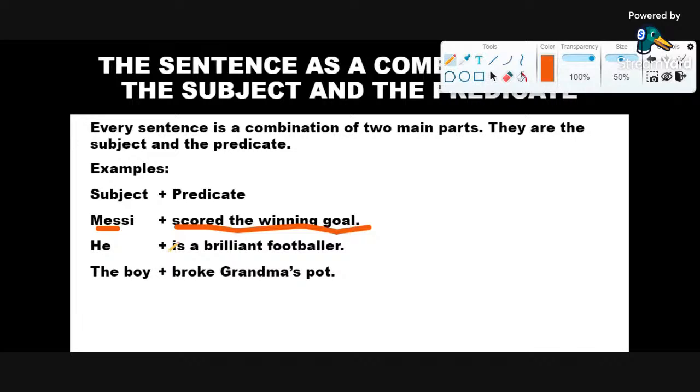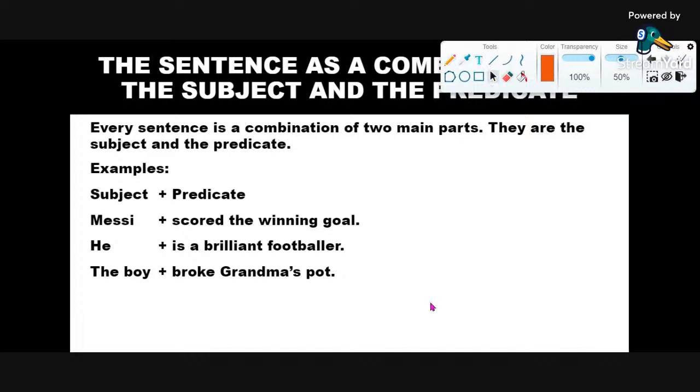Another example, he is a brilliant footballer. Okay, so when we look at all these, you will agree with me that the subject and the predicate are essentially what the sentence is about.